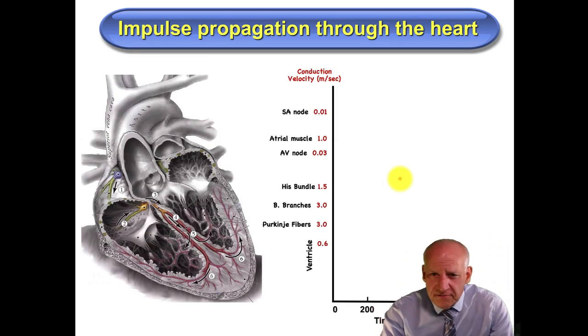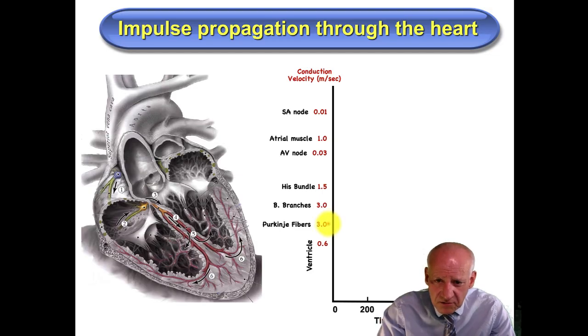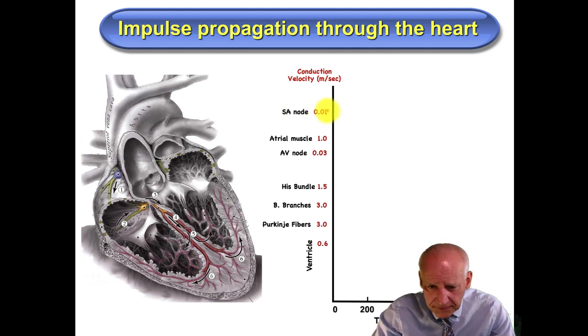It shows the conduction velocity in meters per second through the various components of the conduction system against time. Notice that the SA node and the AV node have conduction velocities that are 50 to 70 times slower than the working myocardium or the Purkinje fibers, which are sort of the king of conduction velocity at 3 meters per second. Think about that: 3 meters per second versus the SA node at 0.01 meter per second.